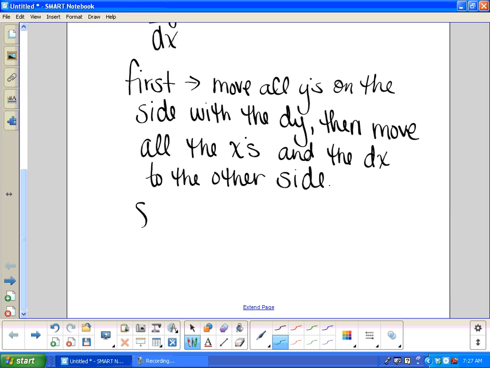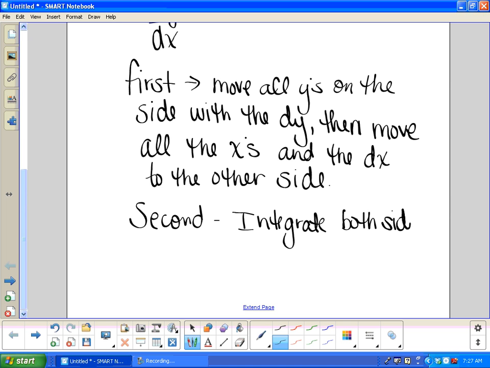Then, so I guess we'll say second, you're going to integrate both sides. And then simplify.